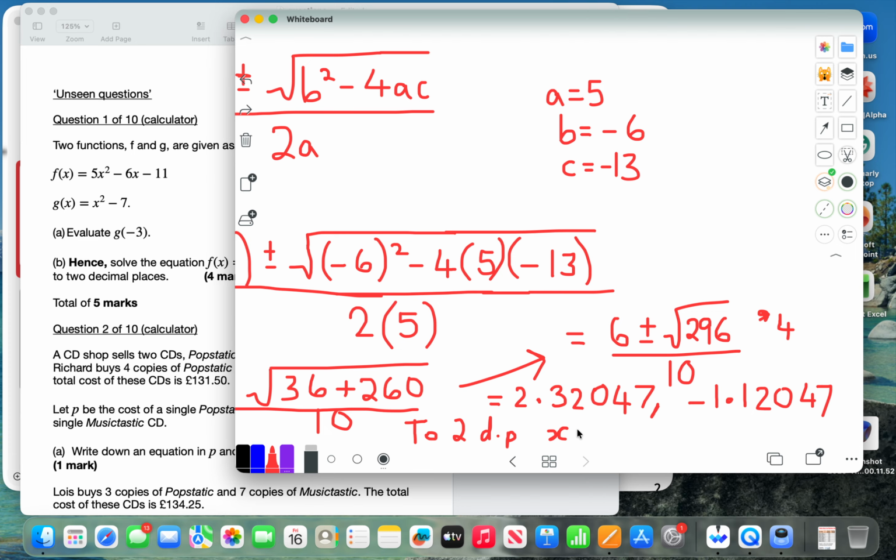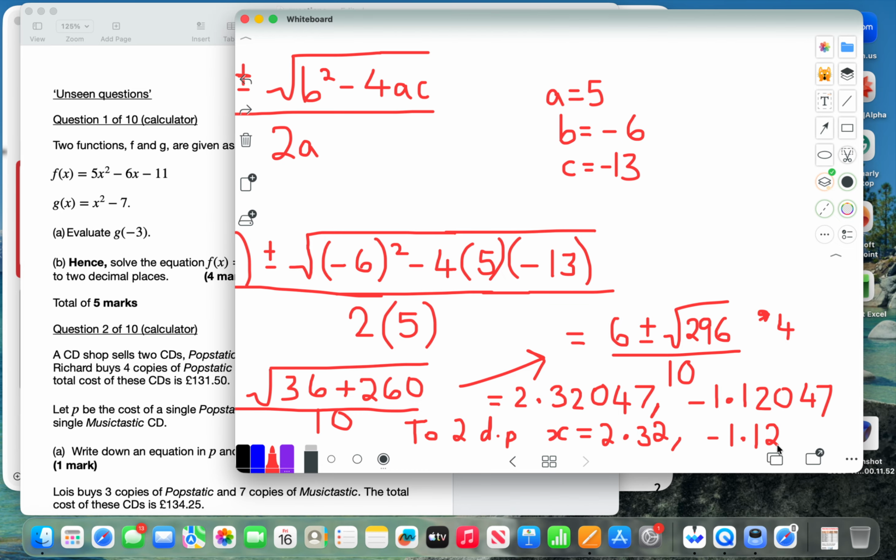X equals 2.32. 0 is less than 5, so round it down. So 2.32 and same here, so minus 1.12. And that is going to be the fifth mark.